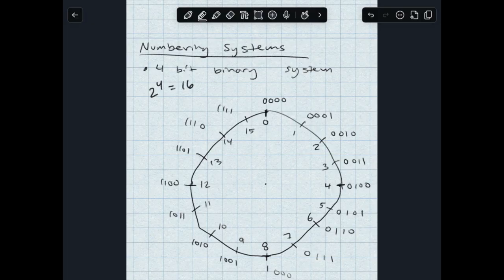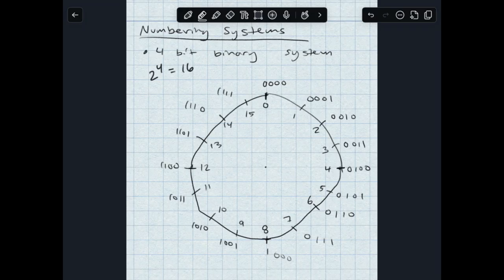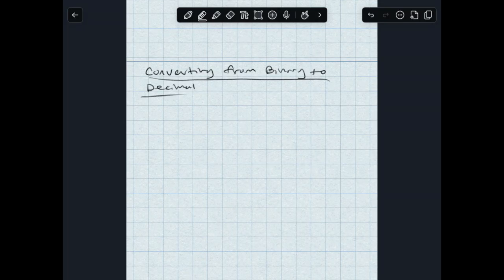Well, 8 and 8 is 16, but the highest that this numbering system goes up to is 15, so it's going to overflow, and my computer is going to think it looks like 0. The ways that we deal with this will be handled a little bit in another video, but I just want to get you familiar with that concept.